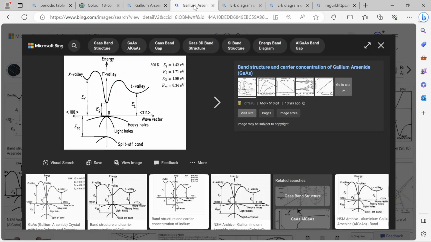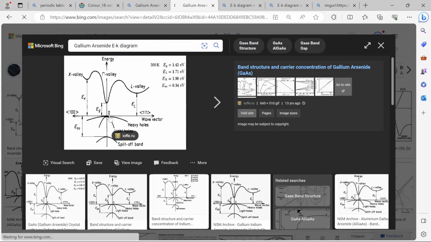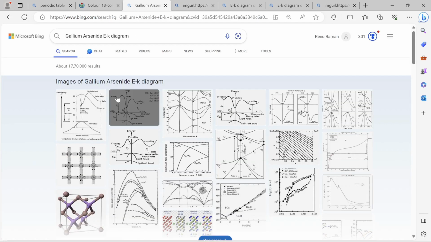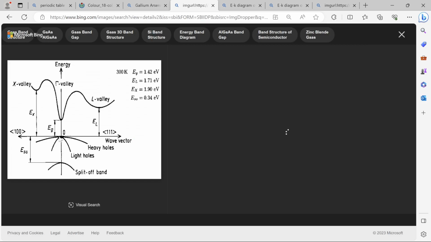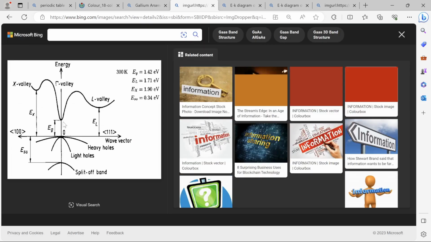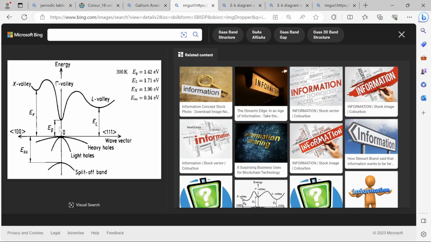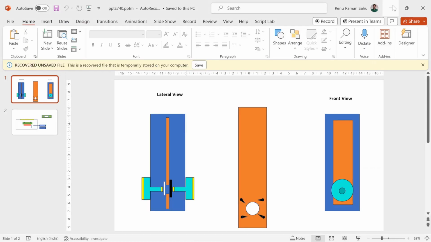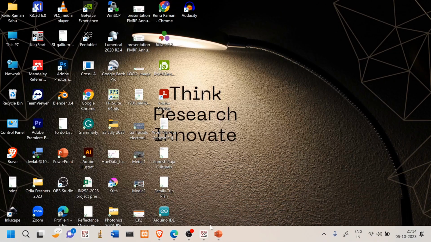But for gallium arsenide, the peak of this is located at the same k value as the dip. That is why this is a direct band gap semiconductor. This is clear, no?